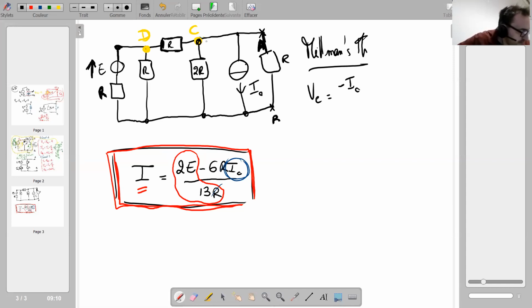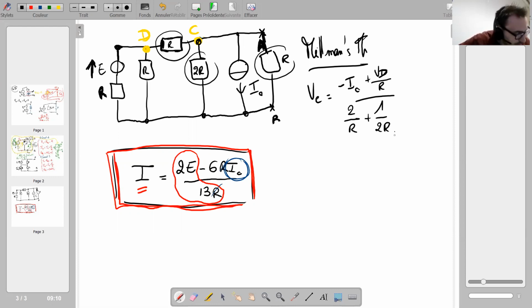Coming from this branch, I have nothing. Coming from this branch, I have nothing. And I have also VD over R. Then I have to consider this resistor, and this resistor. So it makes 1 over R plus 1 over 2R.